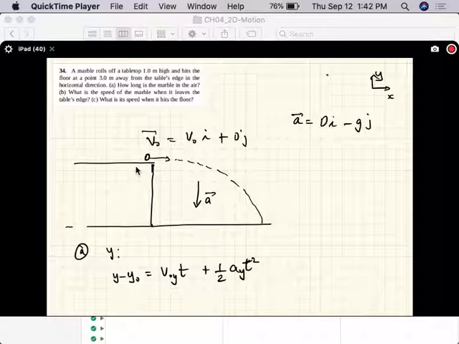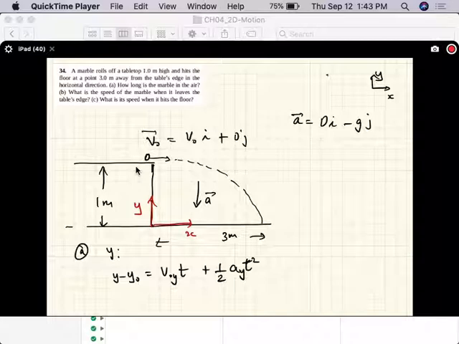So in our problem, I'll draw it here, and there is our axis. y naught they give us as 1 meter, and this is 3 meters.